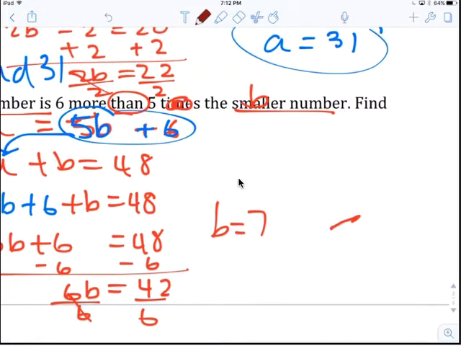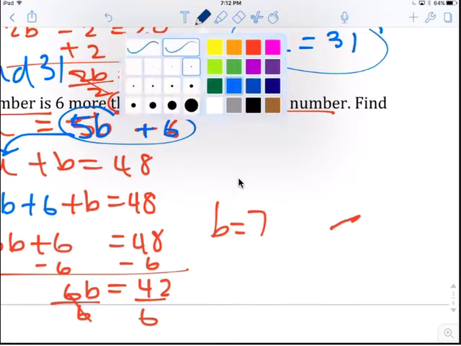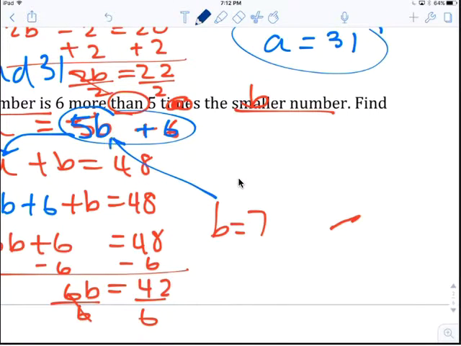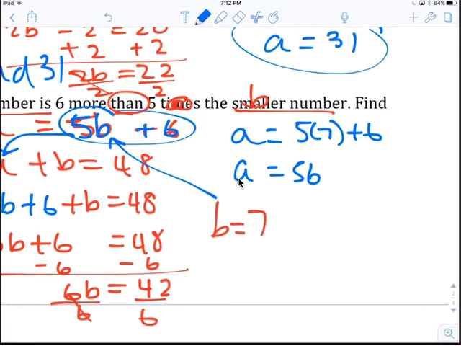Okay, so the smaller number is 7. If B is 7, let's find A. Let's use this one here: 5 times 7 plus 6 equals A. So A then is 56. No, I'm sorry, 35 plus 6 is 42. A is 42.